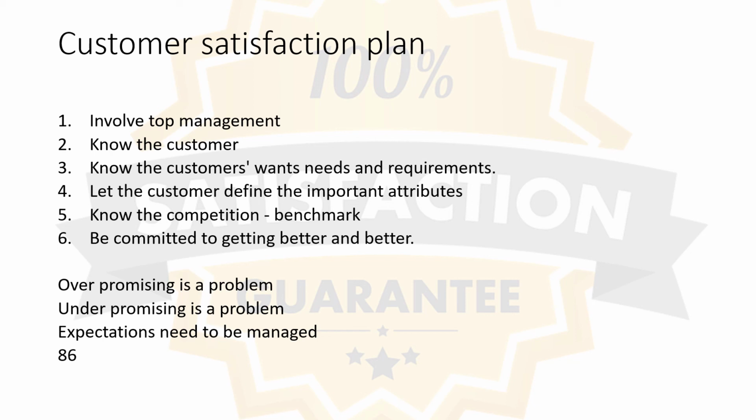Because if you underpromise, it turns out that many people will decide not to even experience your product because your expectations and view of the product is so low that you decide you'd not be interested in making that purchase and experience that product. And then finally, and most importantly, expectations need to be managed.